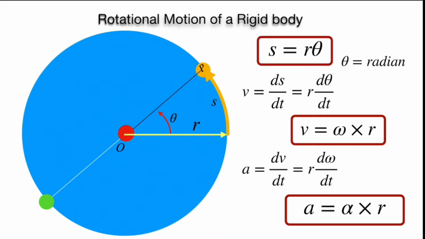Remember, A, the acceleration, is the acceleration of point P on the disk, while alpha is the angular acceleration of point P, or it can be the angular acceleration of the reference line OP or the rigid body. Alpha remains the same for all the particles on the disk, but not the acceleration A.